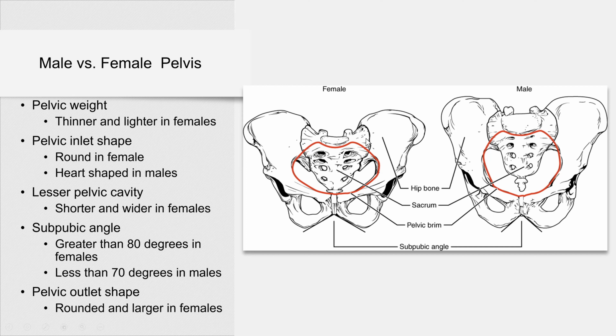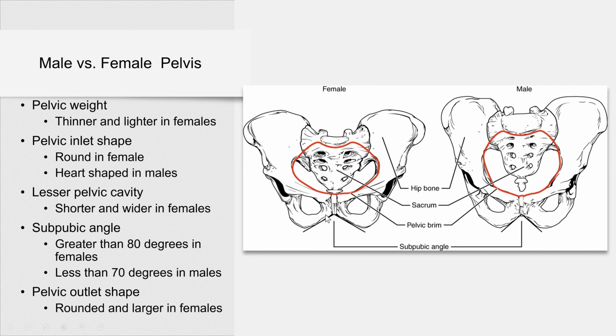So when the female goes through labor, the pelvic inlet and outlet need to be larger, more rounded, less obstructed compared to male, right? And that's also related to this subpubic angle. So that makes our inlet and outlet larger in diameter when we increase the subpubic angle.